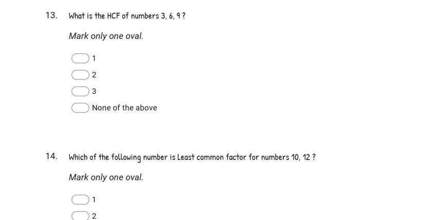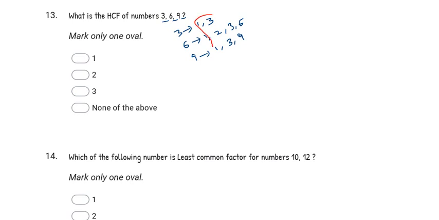And the next question is, what is the HCF of numbers 3, 6 and 9? So first write the factors of 3. What are the factors of 3? 1, 3. For 6, 1, 2, 3, 6. For 9, 1, 3 and 9. First find the common.